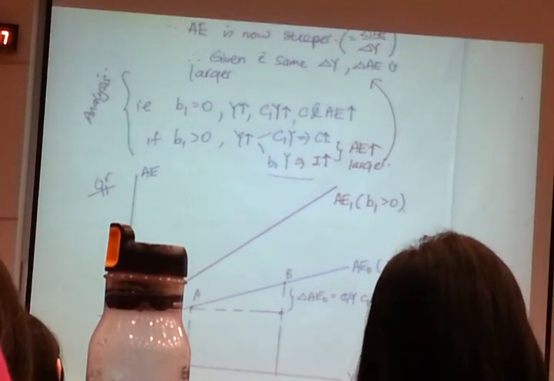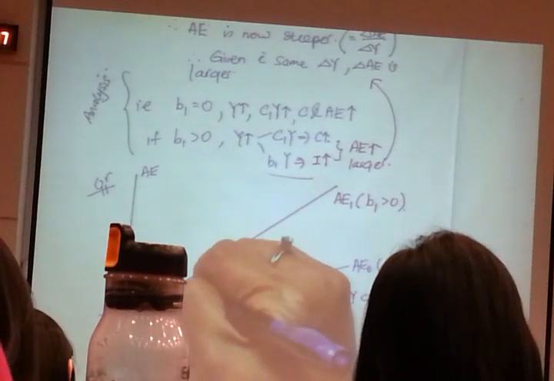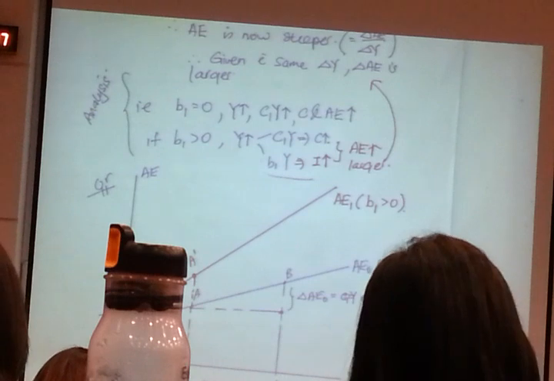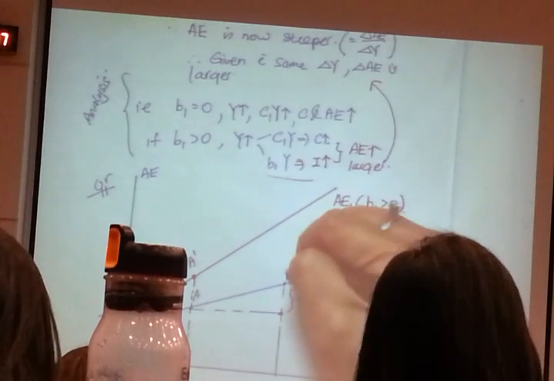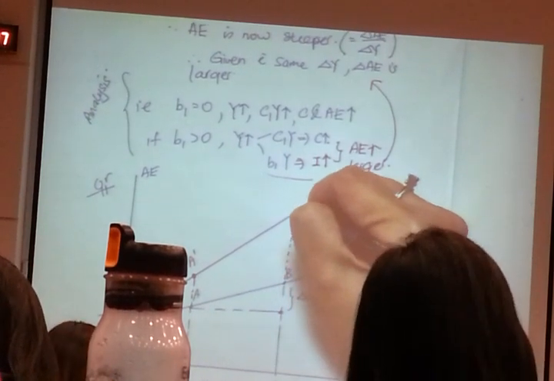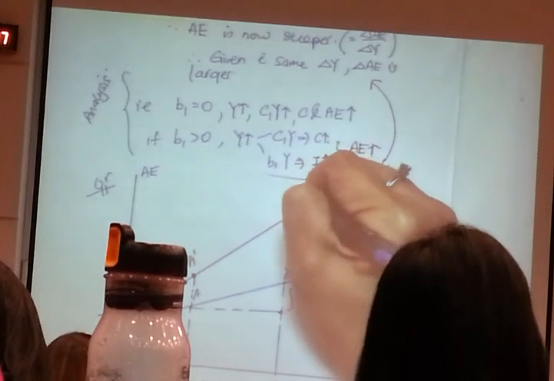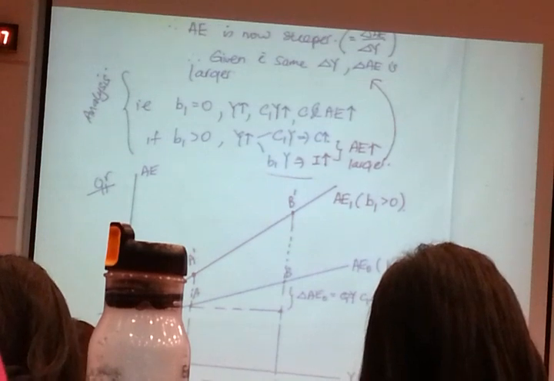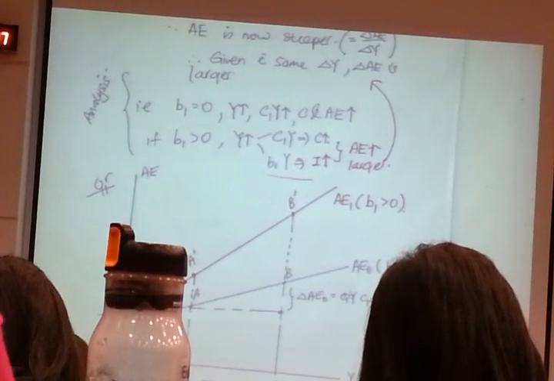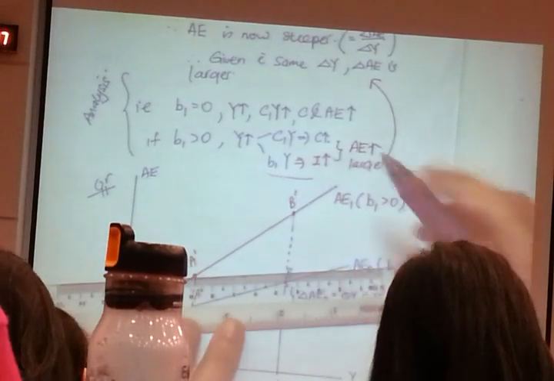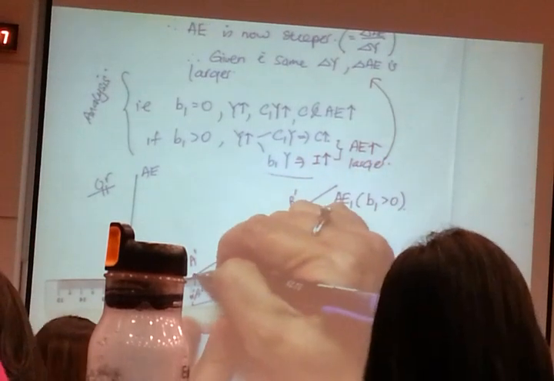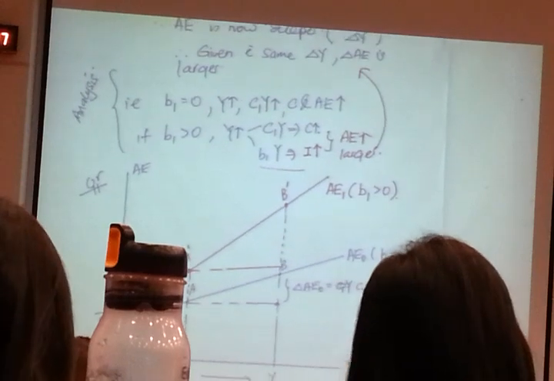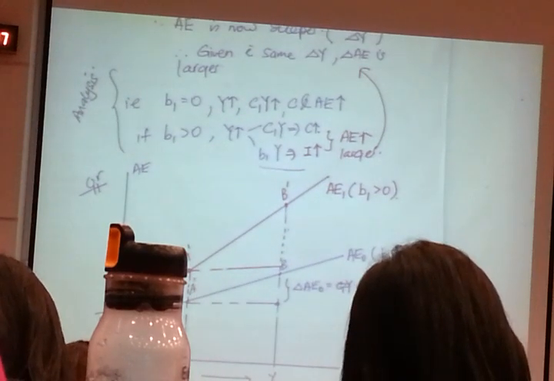Okay, so for the graphical method, you must be very precise. You are saying that you have the same income, but now you have A prime. At income Y2, you have B prime. So you are saying that you have the same increase in income, you travel from A prime to B prime.